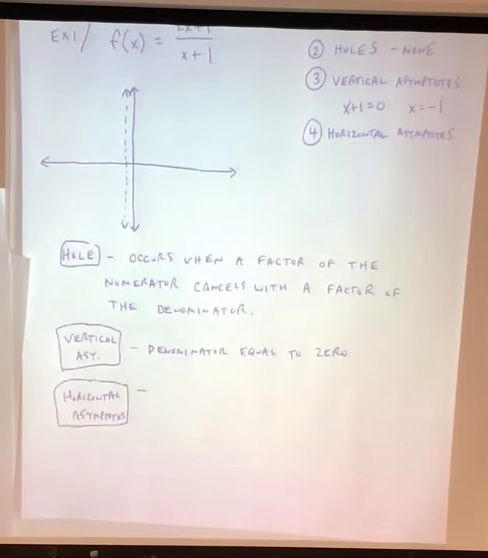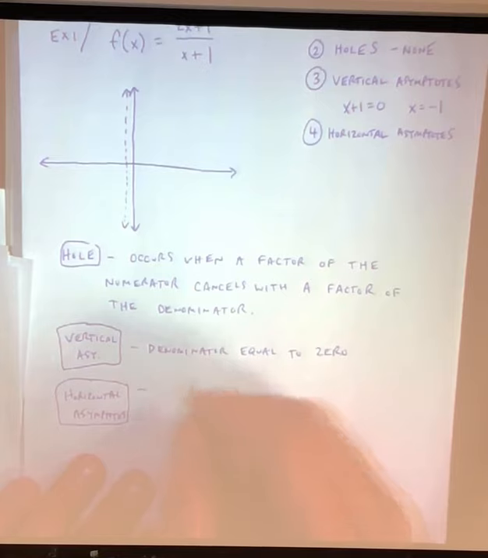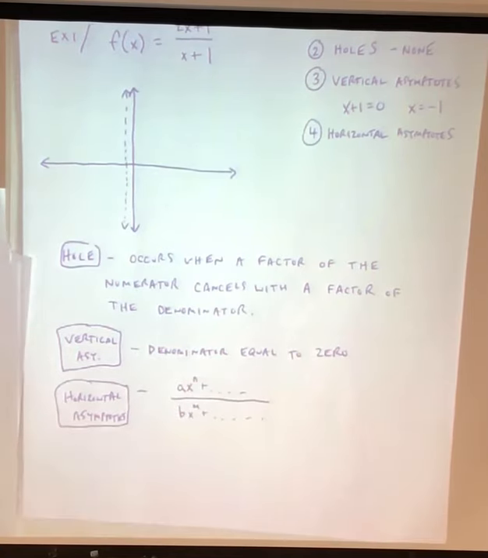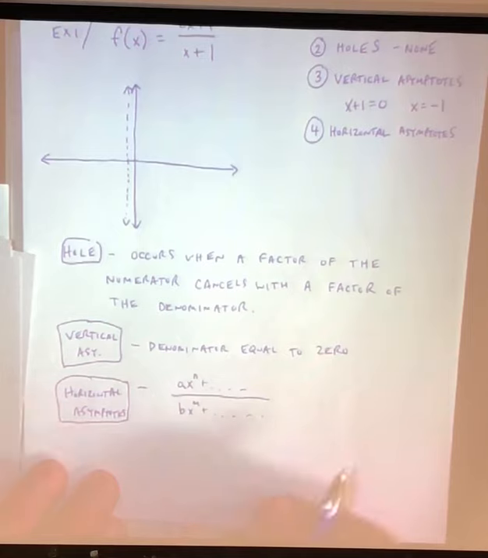So as we look at our rational function, on the top we have ax^n plus and so on. On the bottom, bx^m and so on. So I'm using the variables n and m. It might be easy to think of n for the top, the numerator degree, and m for the denominator. So here are the 3 scenarios we've got.